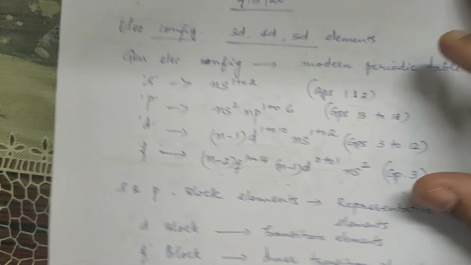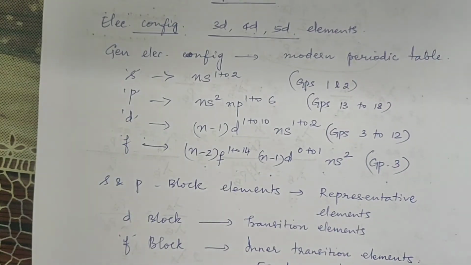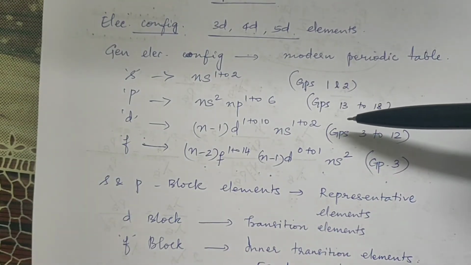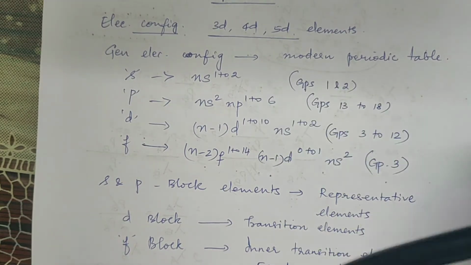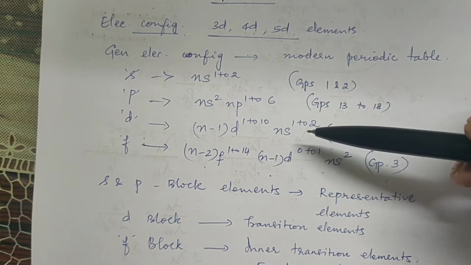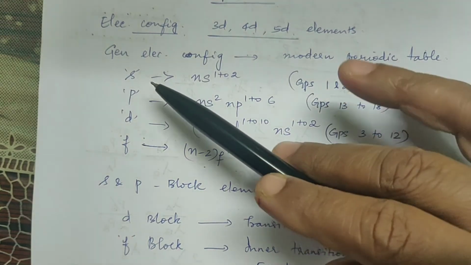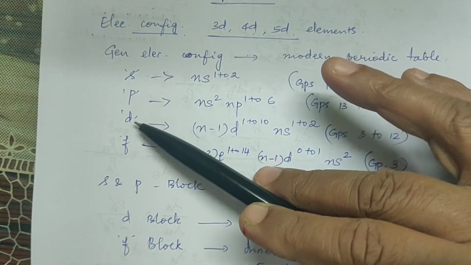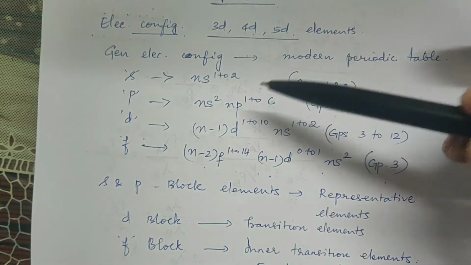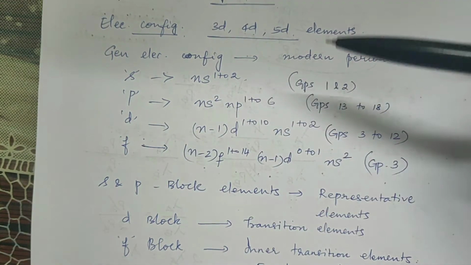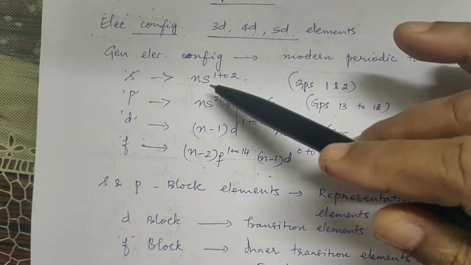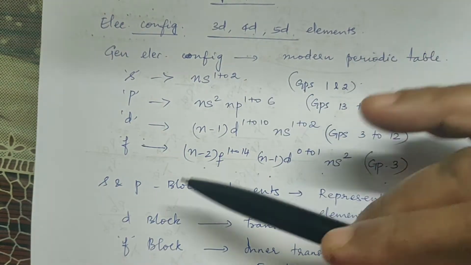Now, what are the general electronic configurations for S, P, D and F blocks? See this, in atomic structure you have studied about the configuration S, P, D and F. These are the orbitals. So for S block elements, which is groups 1 and 2, that is NS 1 to 2.